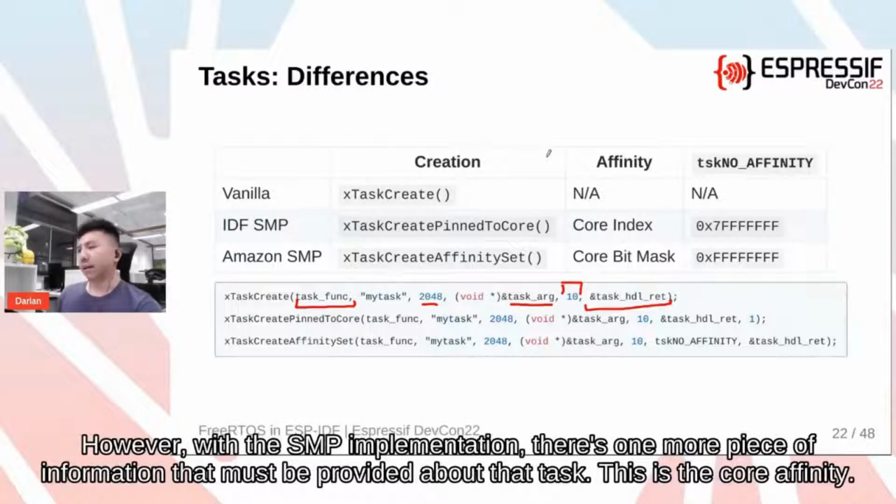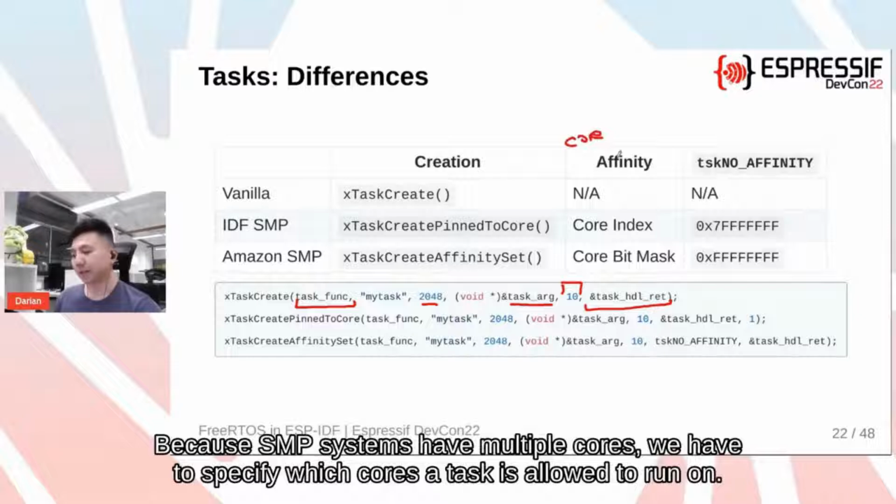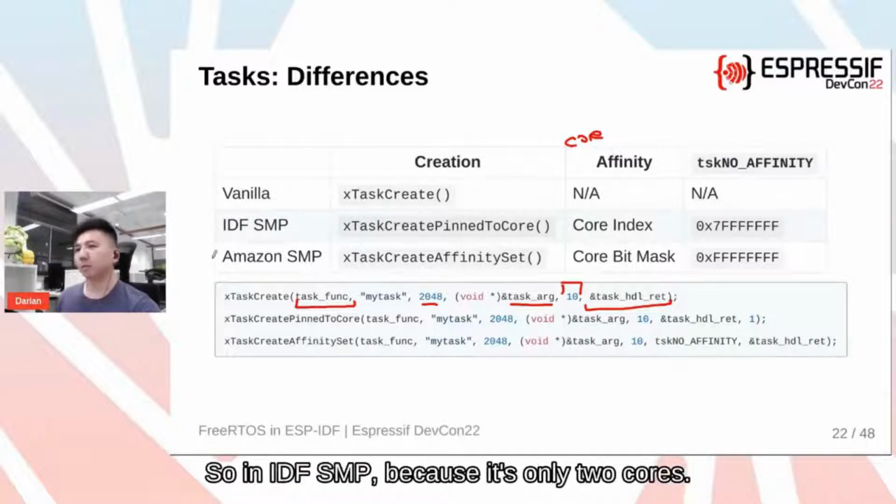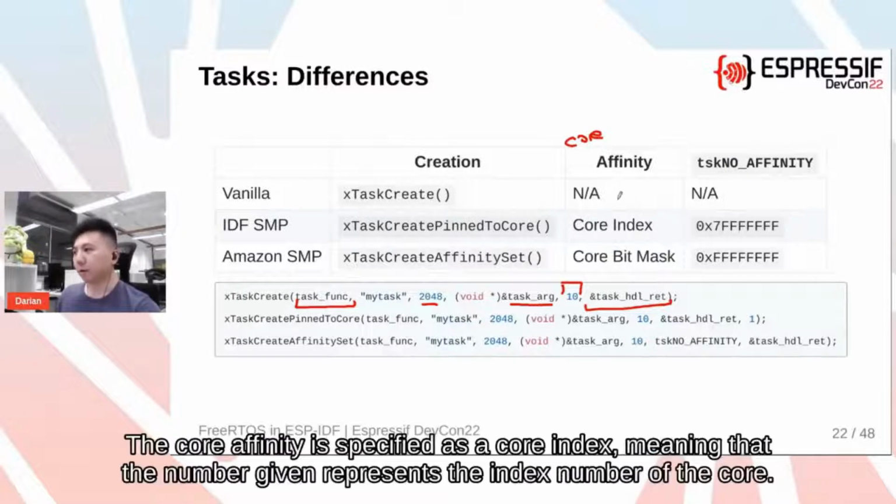However, with the SMP implementation, there's one more piece of information that must be provided about that task, and this is the core affinity. Because SMP systems have multiple cores, we have to specify which cores a task is allowed to run on. So in IDF SMP, because there are only 2 cores, the core affinity is specified as a core index, meaning that the number given represents the index number of the core.